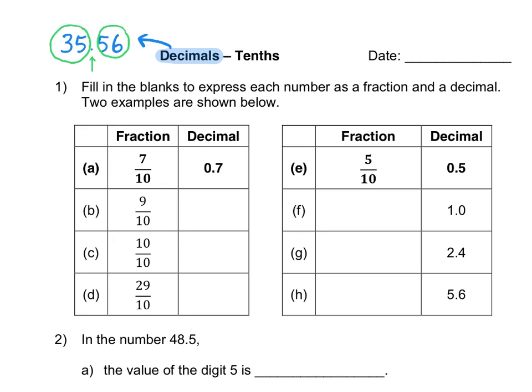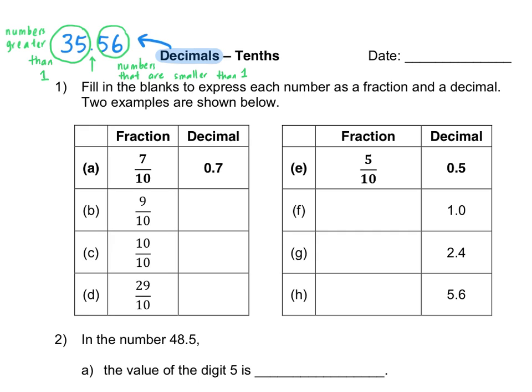So to the left of the decimal point, there are numbers greater than 1, whereas to the right of the decimal point, there are numbers that are smaller than 1.